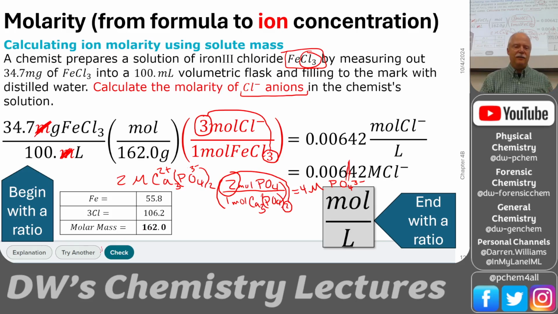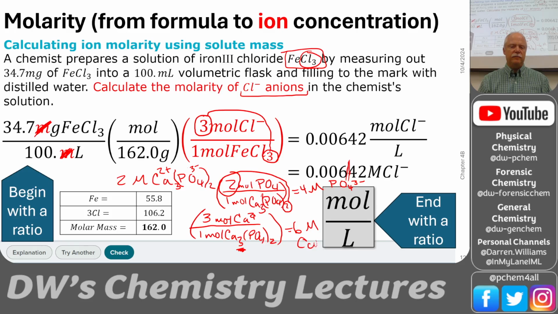And then if I wanted the calcium, I could multiply that number by 3 moles calcium 2 plus for every 1 mole of Ca3(PO4)2, because of this 3 right here. All right, and so then that'd be 2 times 3, so that'd be equal to 6 molar calcium.